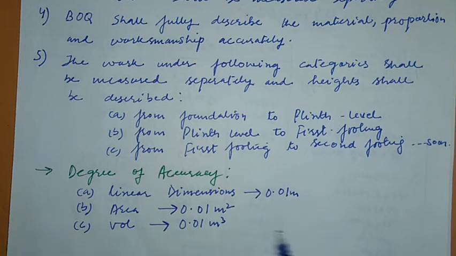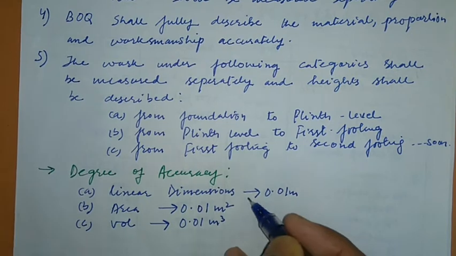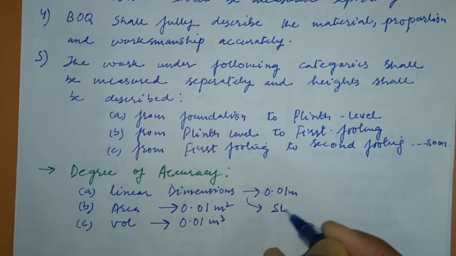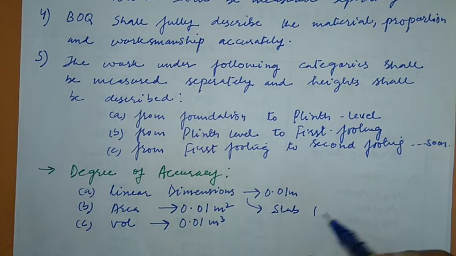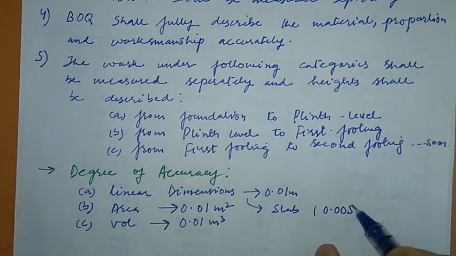If we are measuring the area, it should be to the nearest 0.01 meter square. If we are measuring the volume, it should be to the nearest 0.01 meter cube. However, there are exceptions. In the linear dimension, the first exception is the thickness of slab. The thickness of slab should be measured to the nearest 0.005 meters.